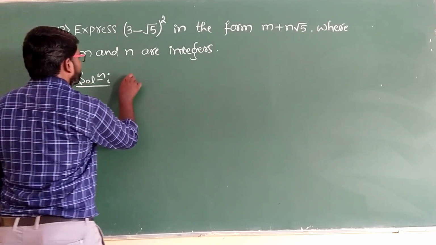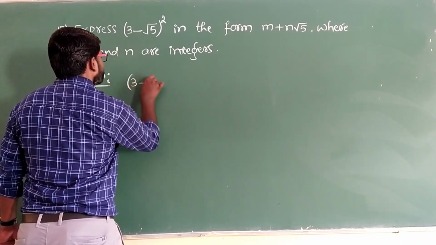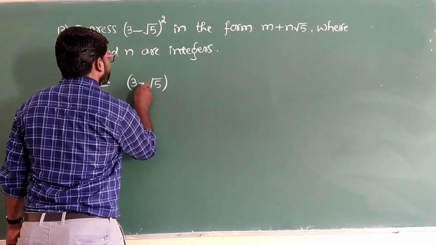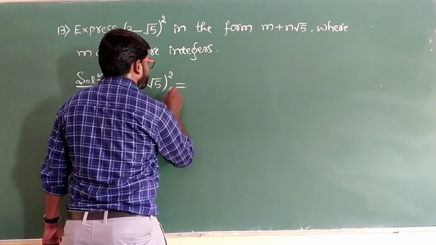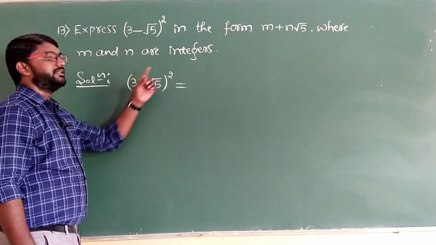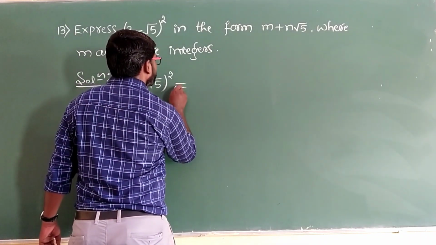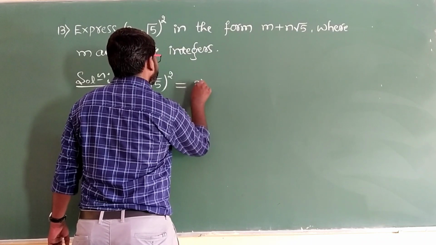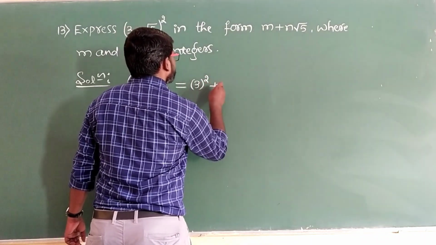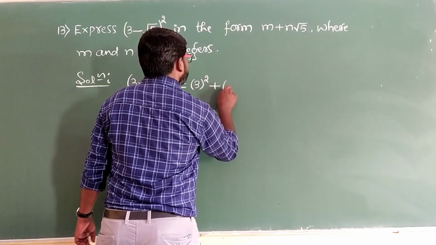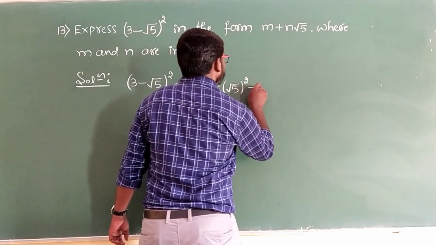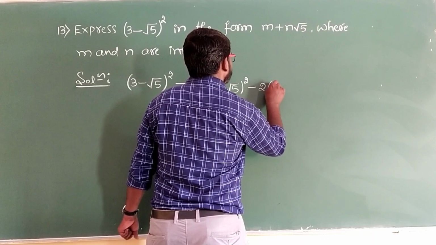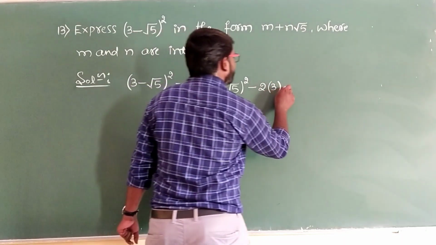It is 3 minus square root of 5 the whole square, which is equal to, this is in the form of (a minus b) the whole square. (a minus b) the whole square, that is a square plus b square, that is square root of 5 the whole square, minus 2 times ab, it is 3 into root 5.